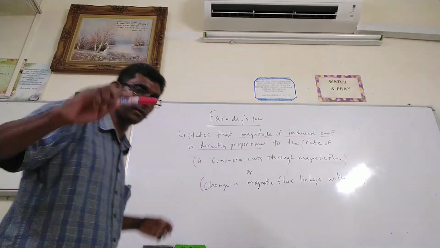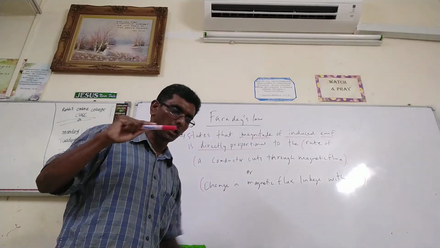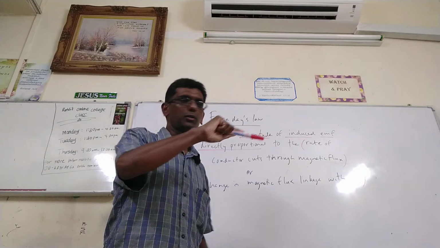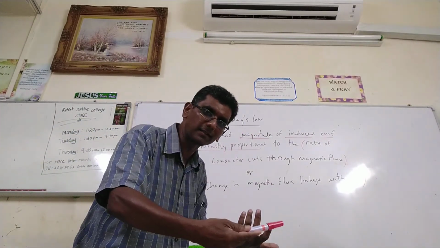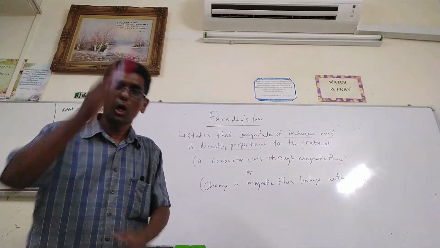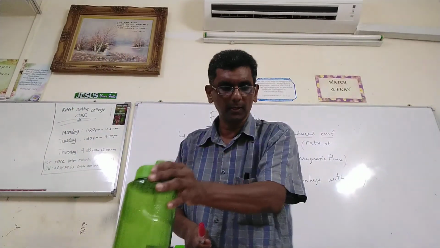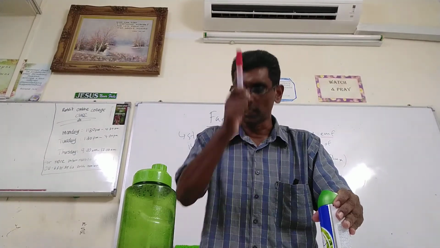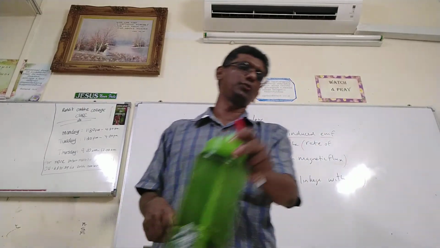Just now I showed you the coil. Push the magnet through the coil. The coil also cuts the magnetic flux, so it produces induced current. A conductor between the north and south pole also cutting magnetic flux also produces induced current.